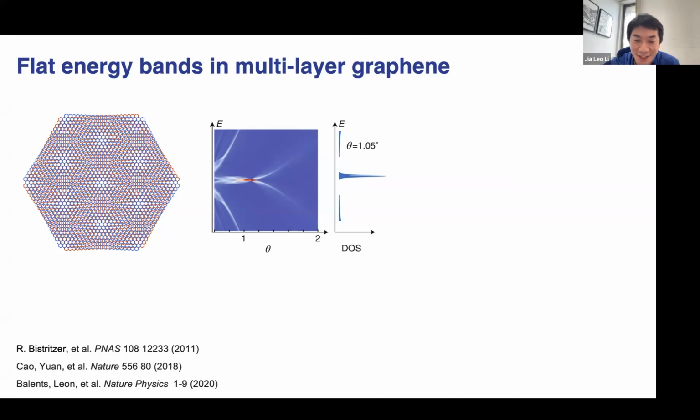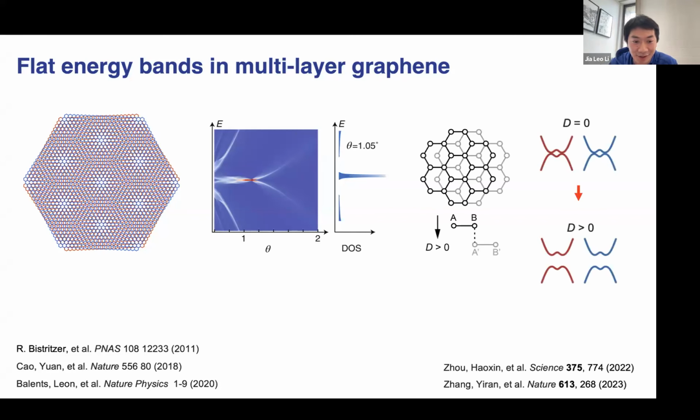There's a different type of approach that was discovered a little more recently, where you take naturally formed multilayer graphene crystals, such as Bernal bilayer graphene, where the B sublattice of one layer is stacked directly on top of the A sublattice of the other layer. It's an extremely simple crystal form. In such material, you just need to apply a perpendicular electric field, or displacement field, which breaks the inversion symmetry and opens up a gap at the charge neutrality point.